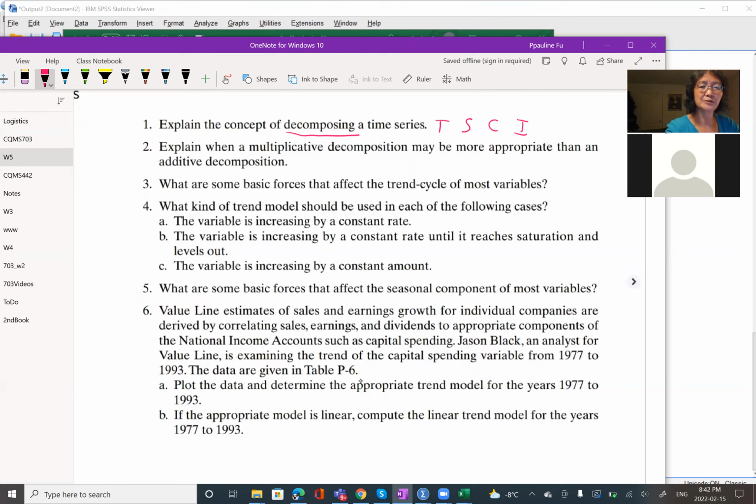Question 2, explain when multiplicative decomposition is more appropriate than additive decomposition. You use multiplicative when variability increases over time. If the variability is constant, you use additive.